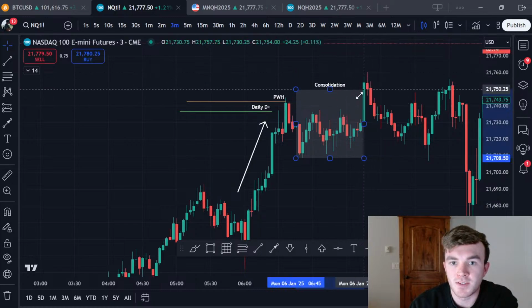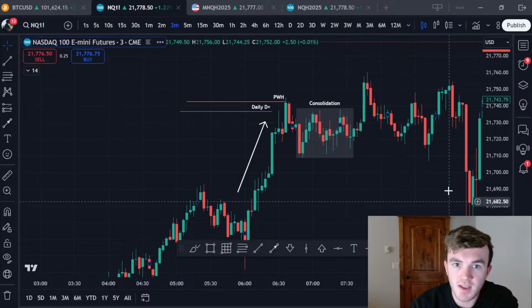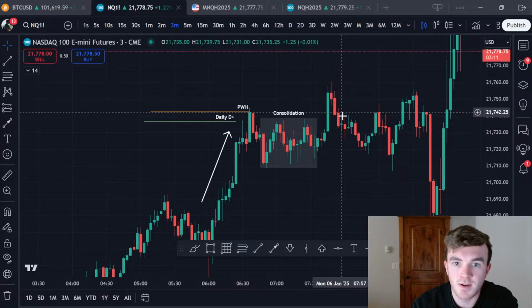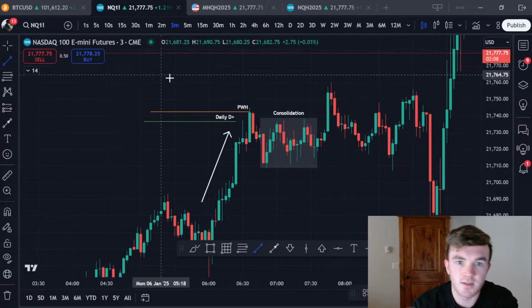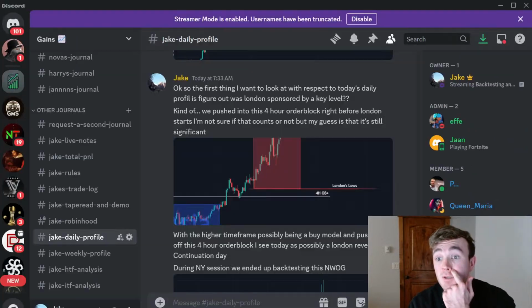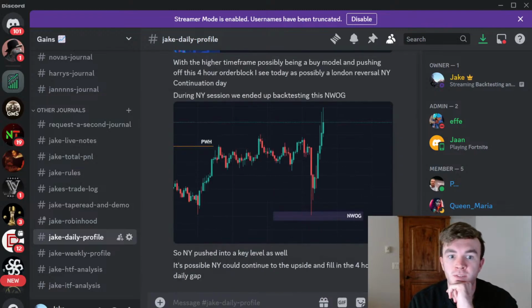And so we were in this consolidation. When we come up here and we inverse this 3-minute, I'm about to record this trade down actually. Trade 55.